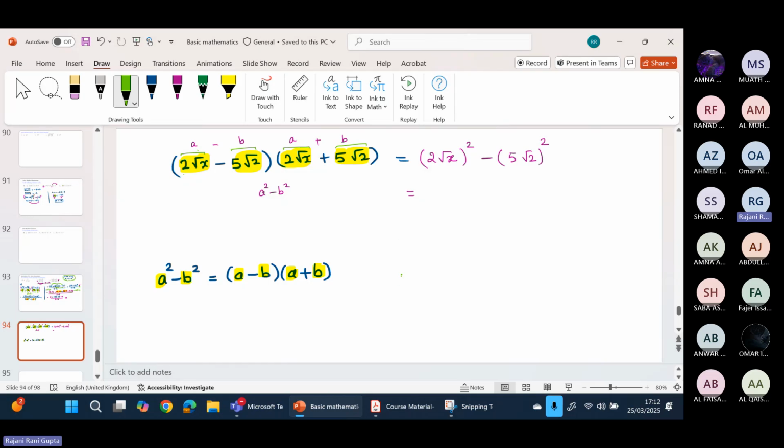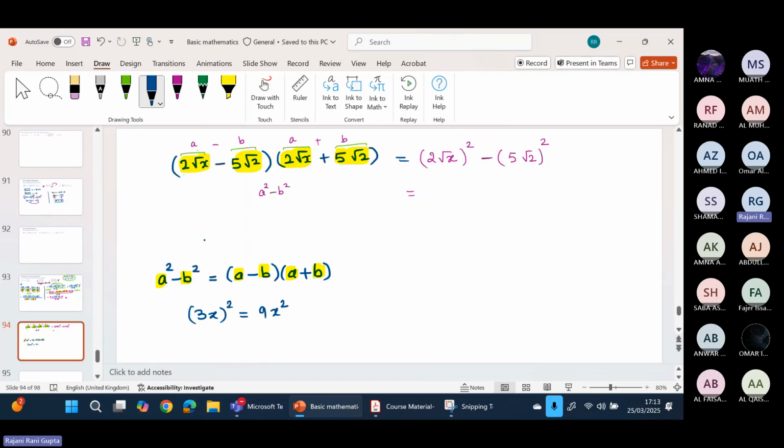Okay. If I ask you what is 3x power 2, what is the answer? 9x power 2.